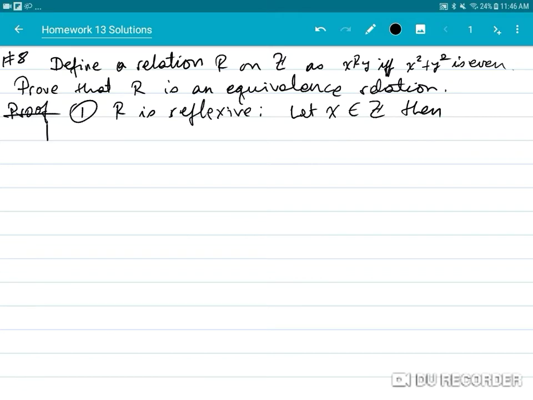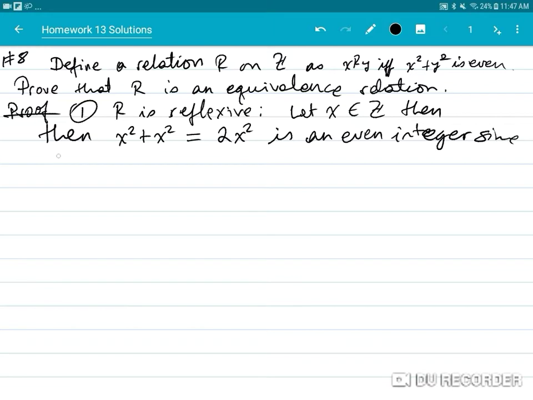Then x squared plus x squared, which happens to be 2x squared, is an even integer since x squared is an integer. It's twice an integer, so it's an even integer. Hence, x is related to x. This is true for all x's because x was an arbitrary element of the integers.